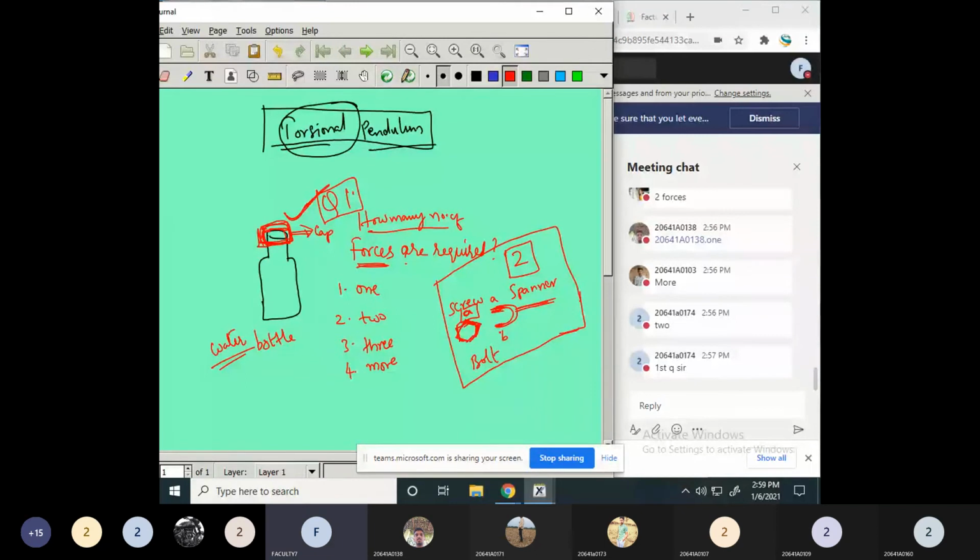Then you need to apply the second one. At a time, the screw should be given somewhat like this, not an exact diagram. Now here you are going to apply 2 forces. So this is 1 force, this is 1 force, the second force here.